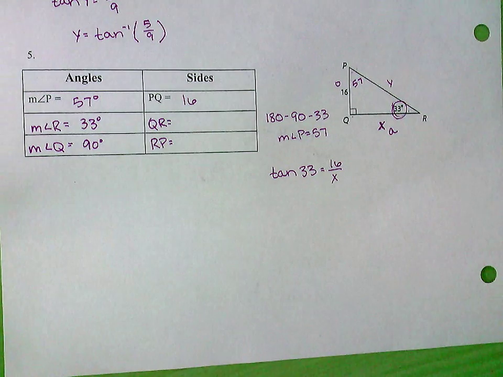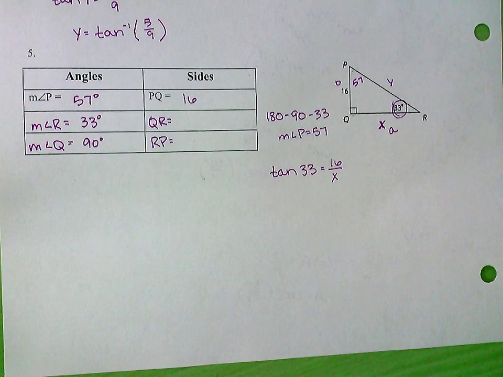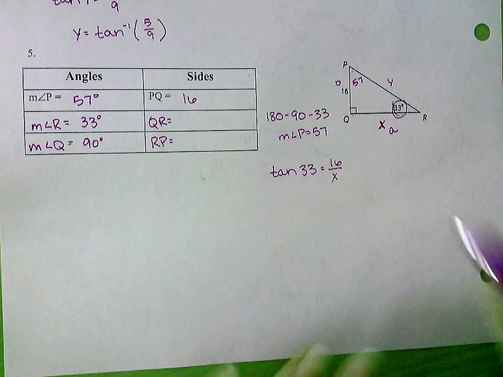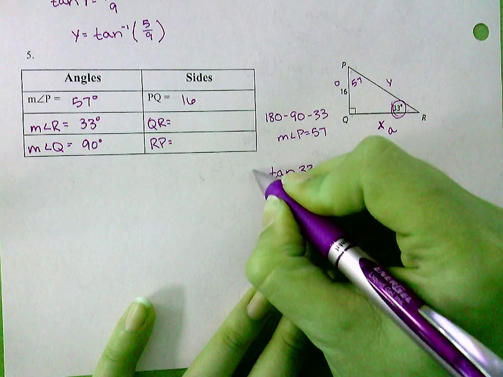That's fine. Now with these ones, you're not taking the inverse. You're only taking the inverse if you're finding an angle. You're already given an angle in this problem. You're finding a side. So this is where you multiply by whatever is in your denominator.